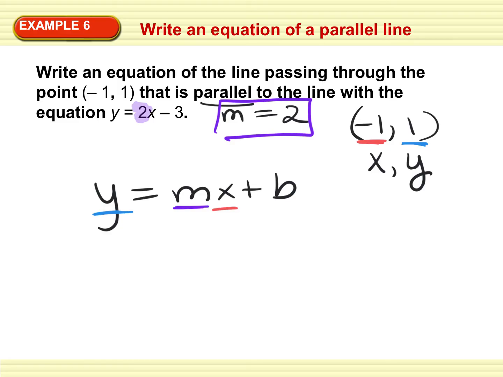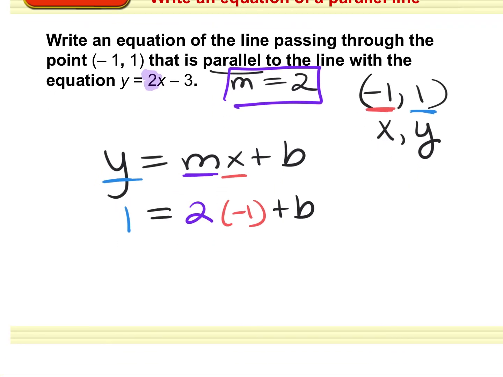Step number 2 is to replace these 3 numbers and solve for b. So I'm going to put 1 for the y, 2 for the slope, -1 for the x, and I don't know the b. I'm going to go ahead and multiply. I get -2, and then I add the 2.